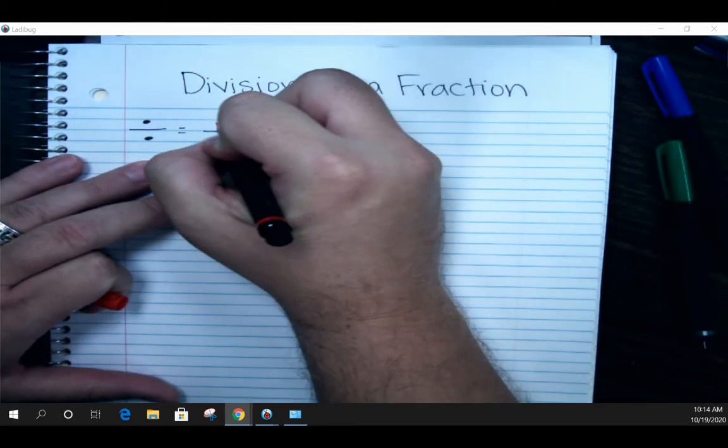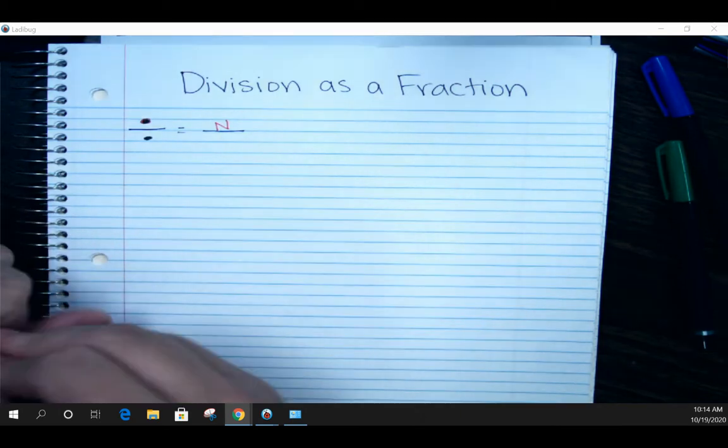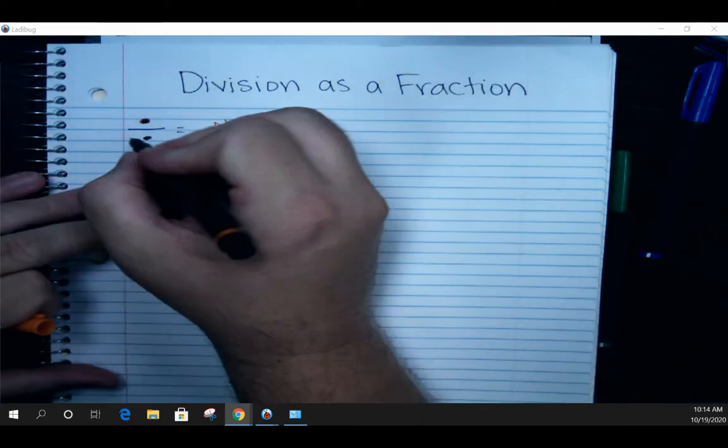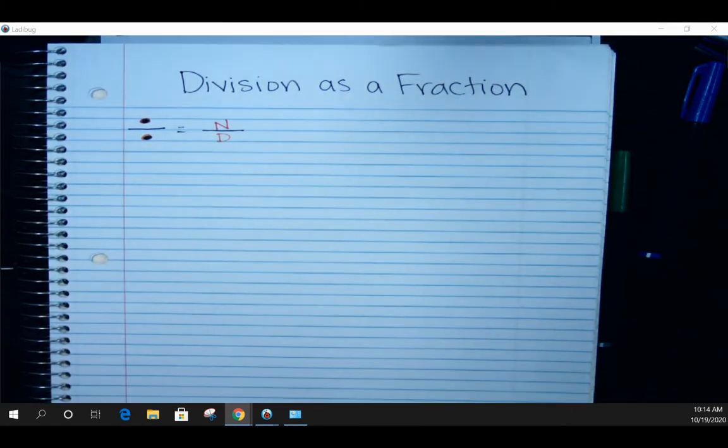This dot would be the numerator, and this dot right here would be the denominator. So we can see division as a fraction, right? We can take the first number and divide it by the second number.